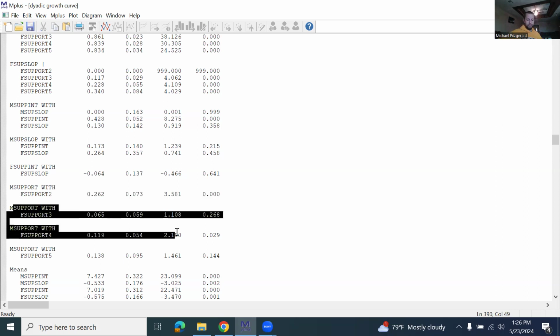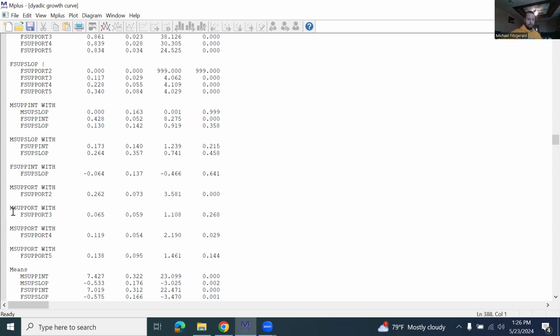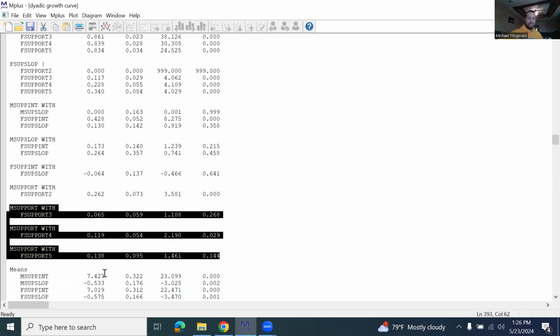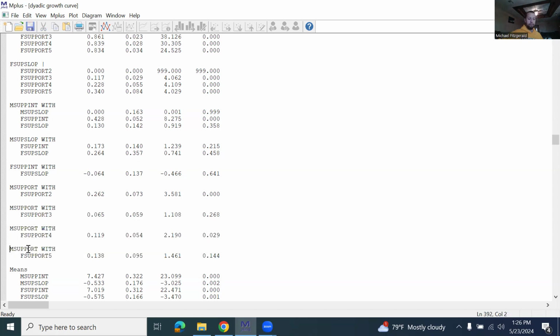And then as we see over time, that begins to attenuate, although we do actually see a little bit of an increase in the correlation between male and female reports over time. So there might be some meaningful interpretations of these covariances depending on your research question.